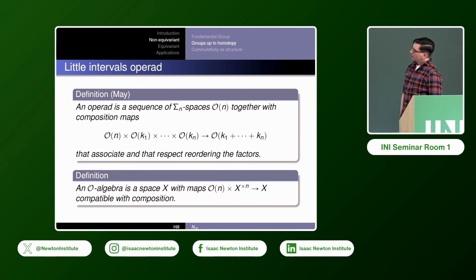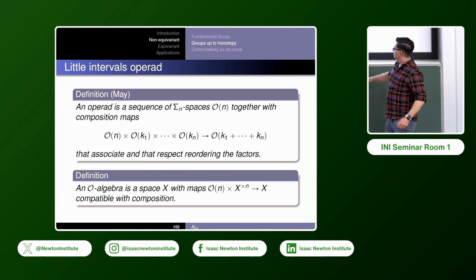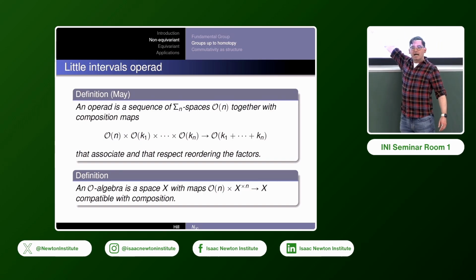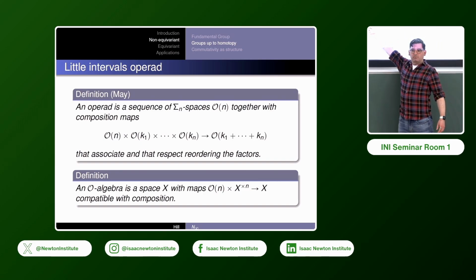And an operadic algebra is just a space together with a bunch of multiplications, and the multiplications are parameterized by the points in my operad. So it's just like I was doing with the embeddings of intervals into a bigger one.